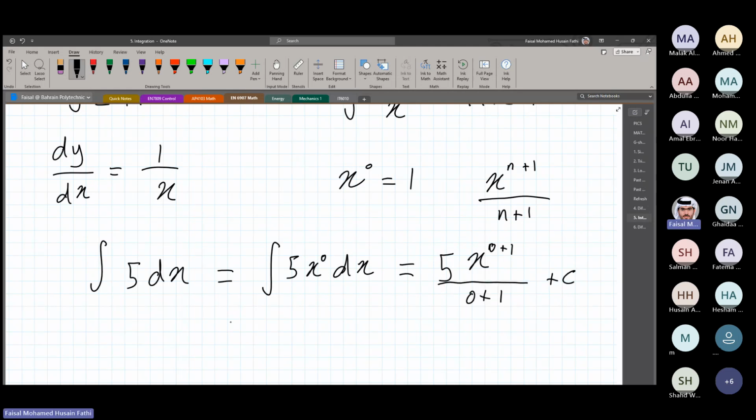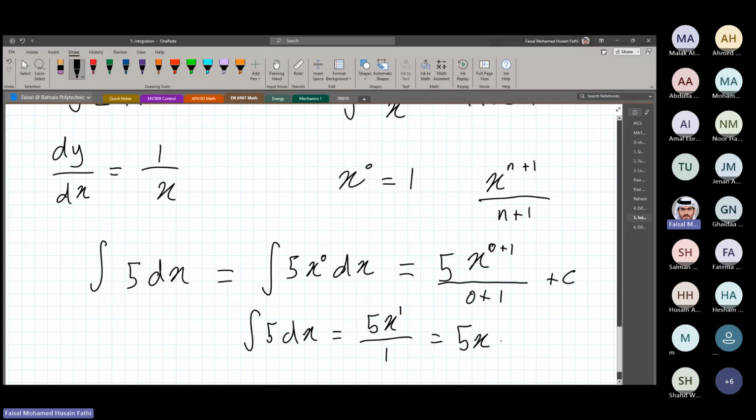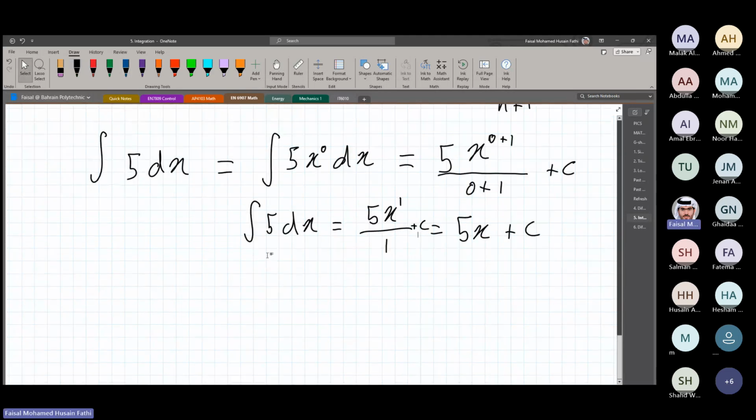Meaning the integration of 5 dx is equal to 5x to the power of 1 over 1, which is simply equal to 5x plus c. Makes sense? So when we are integrating a constant, it is not going to be equal to 0. No, it is going to be that constant multiplied by x. All right?